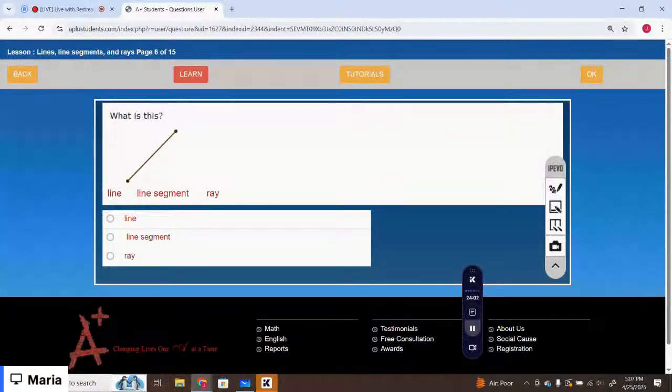What is this: line, segment, or ray? That is line segment, option number 2 is the correct option.